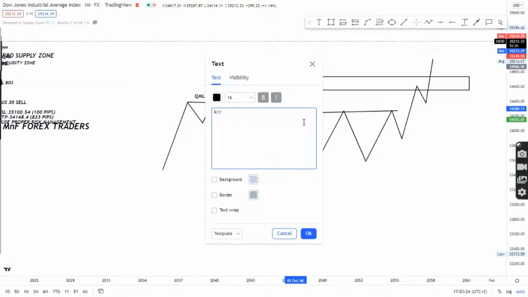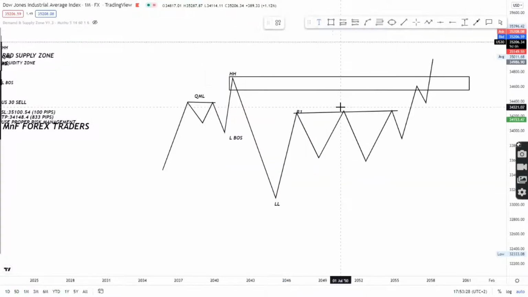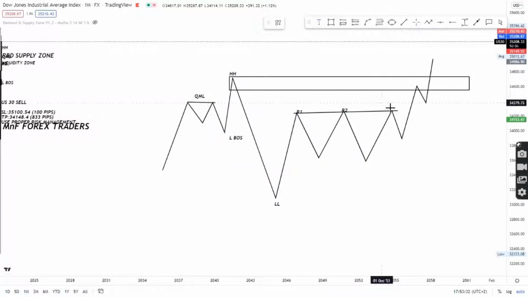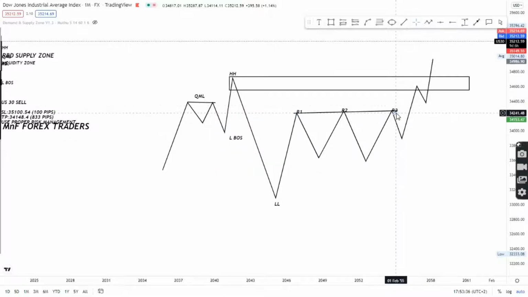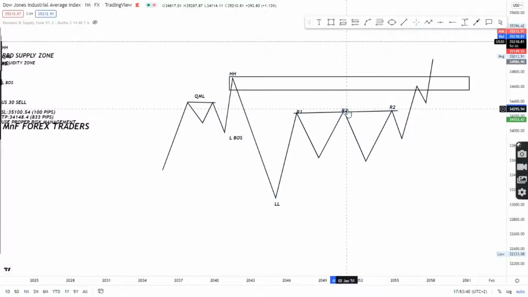This is R1, the first resistance, that's R2 right there, and then we had an R3 right here. According to our system, we have to wait for price to take out this liquidity above. Once the price has created equal highs, they have to be taken out if we are to sell.